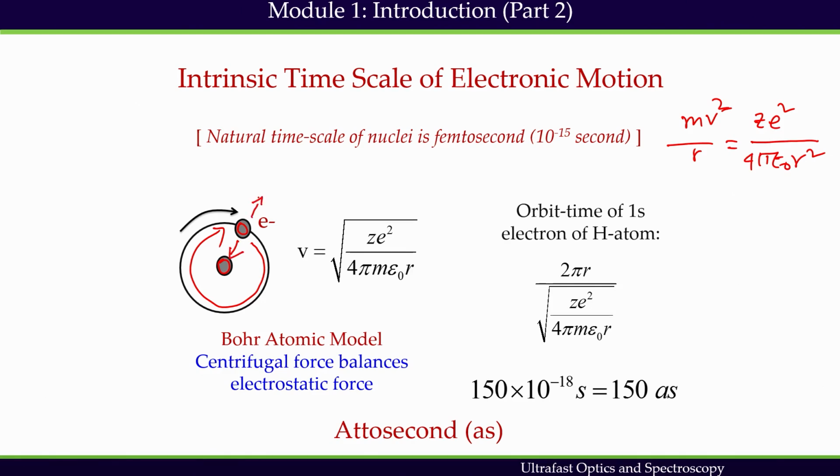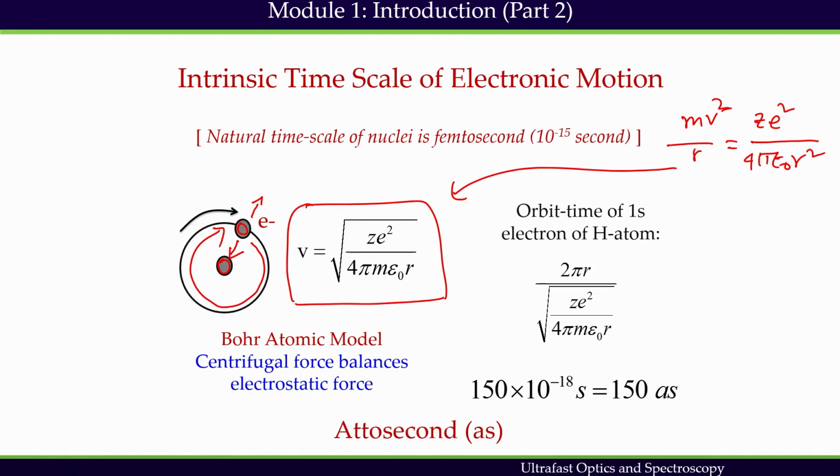They must be equal to stabilize the atom, and if they are equal, then just from this equation I'll be able to get the velocity.